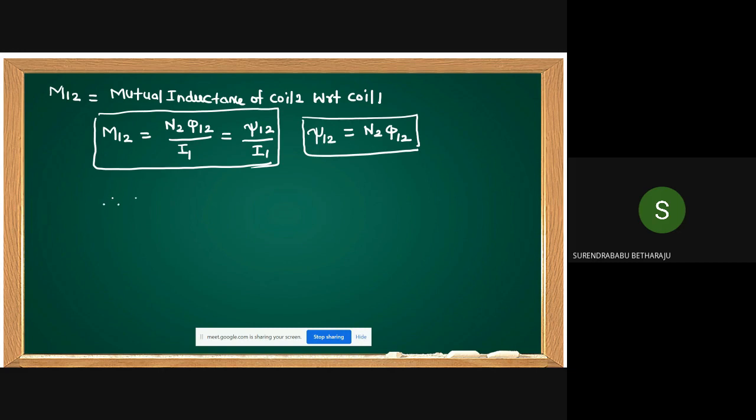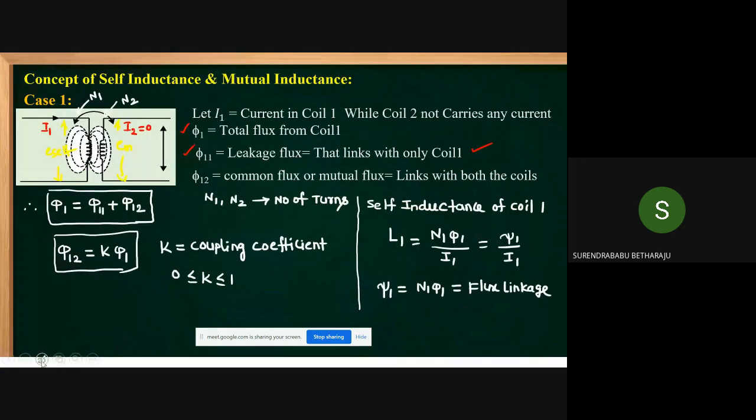We can also write M12 equal to N2 into phi 12 by I1. What is phi 12, students? Phi 12 equal to K into phi 1.